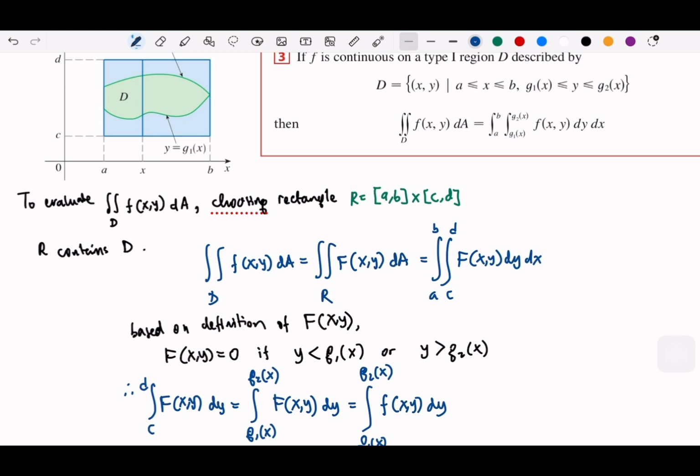Then we could use the definition of the capital F, in which all the points outside D make F equal to 0, which means that because the outside is 0, we only need to compute the inside one, which is restricted by this curve. This is back to the first definition, equal to the small f, and then we can write this in terms of this double integral. So that's basically the definition.